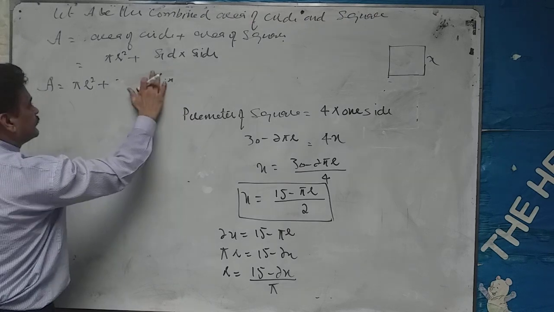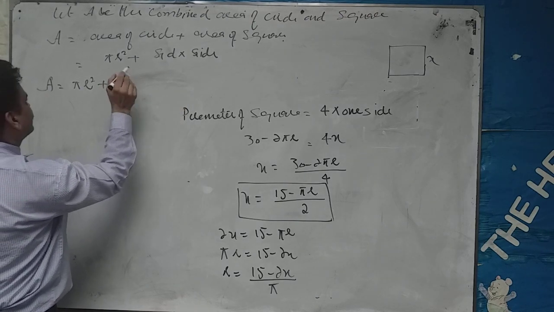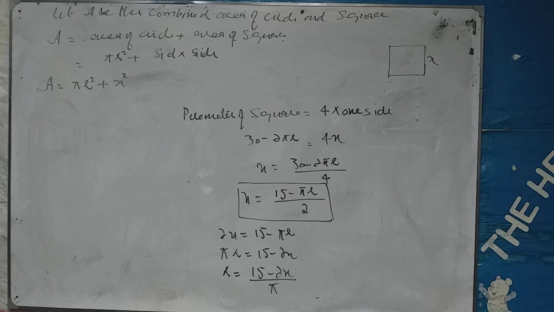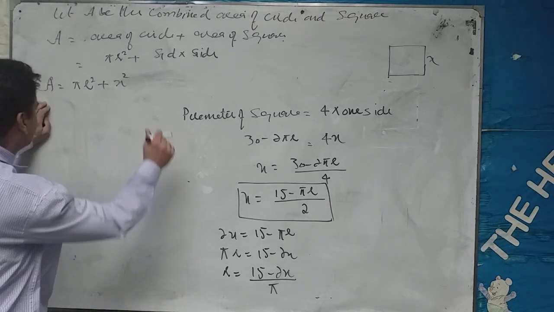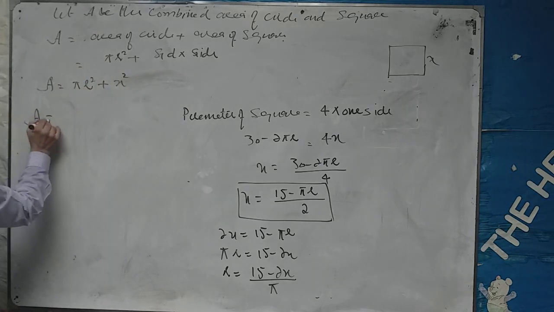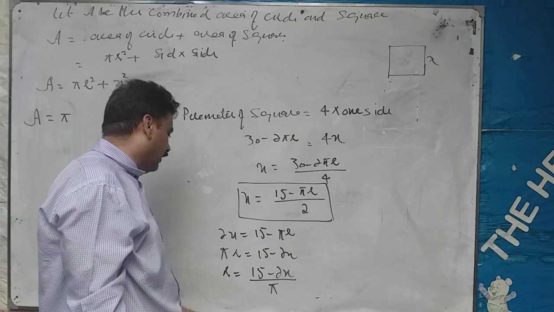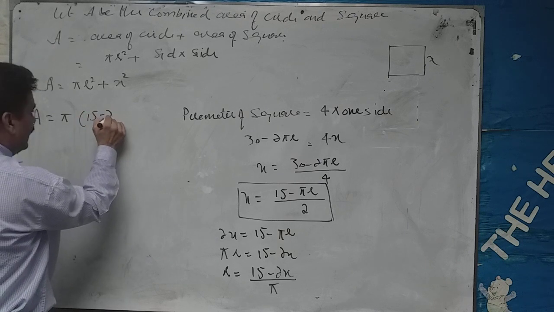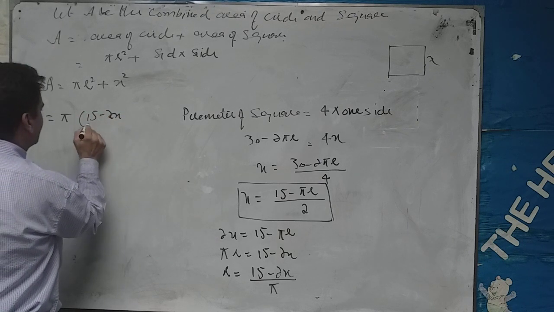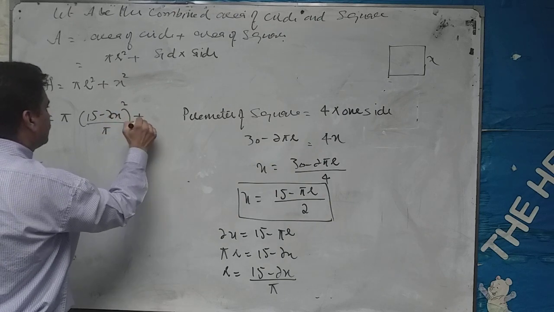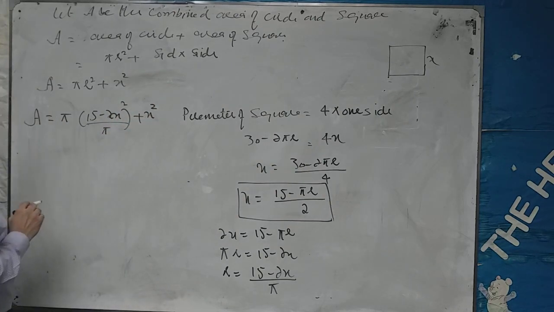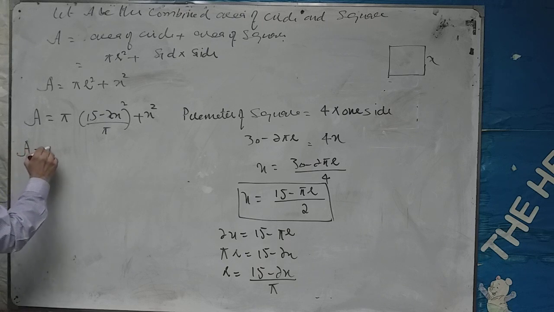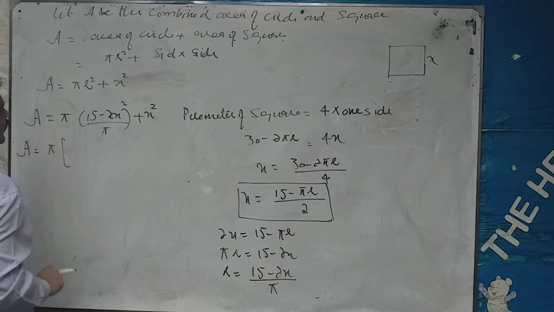We now write the value of area in terms of x. We write A is equal to pi, and we take the value of r, 15 minus 2x by pi, and replace here: pi multiply (15 minus 2x by pi) whole square plus x square.